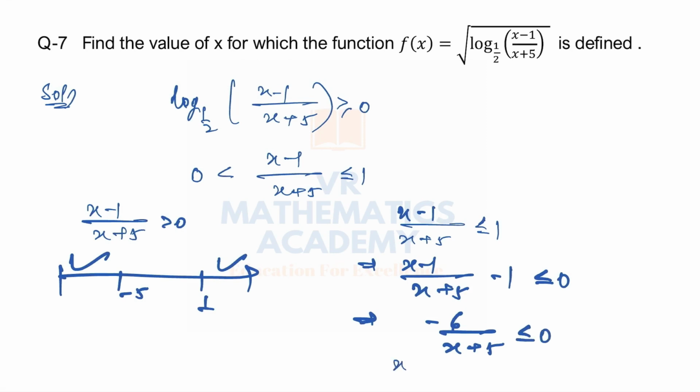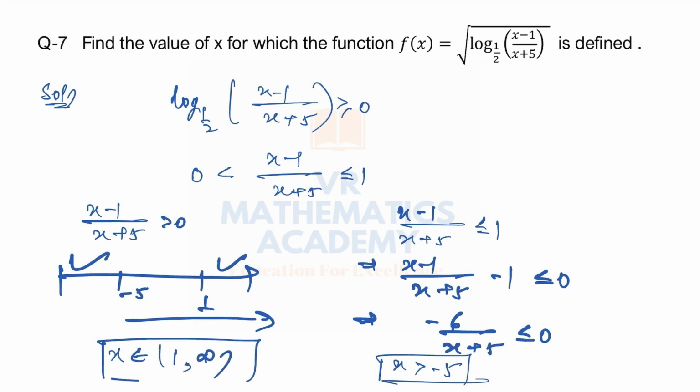By this we conclude that x should be greater than minus 5. So by both we find that x belongs to the open interval (1, infinity). This is the solution of question number 7. So far you have seen how we solve logarithmic inequalities.